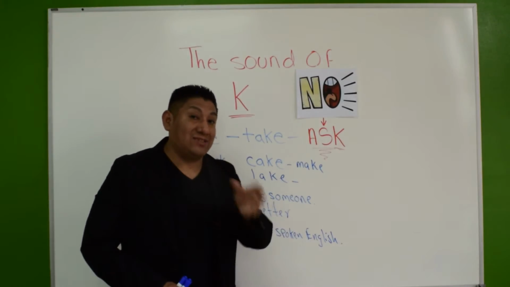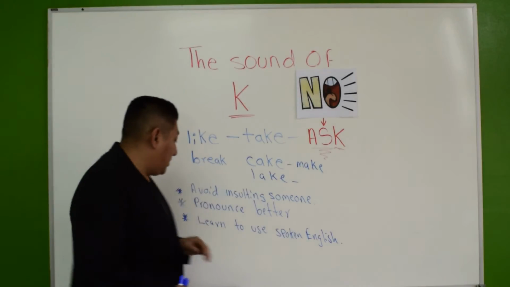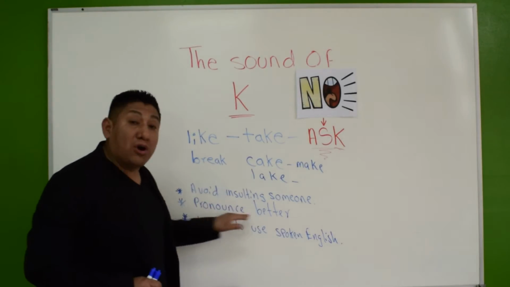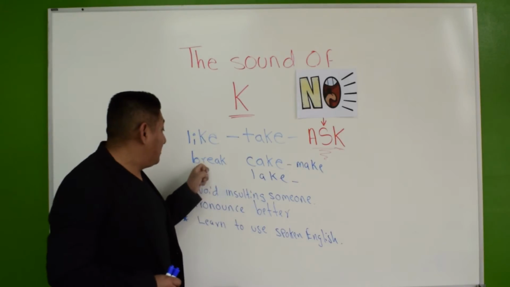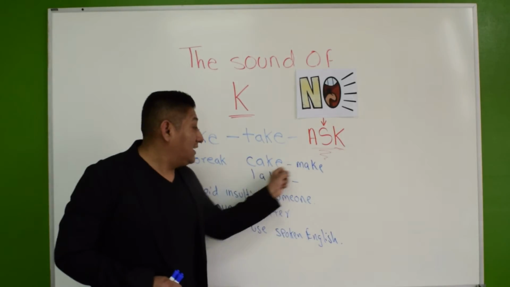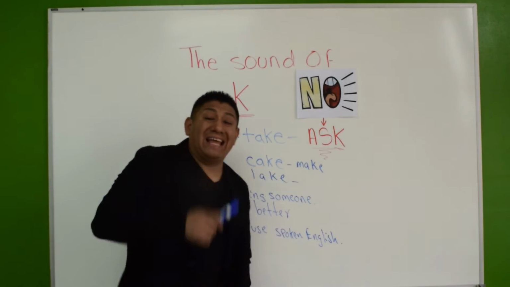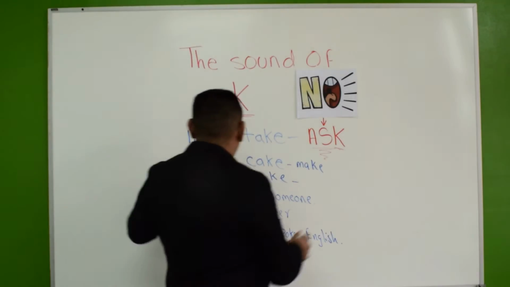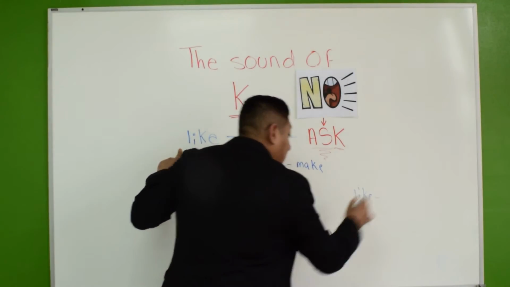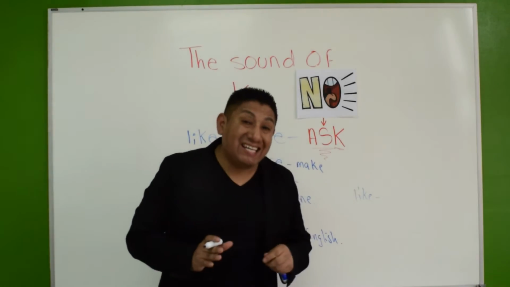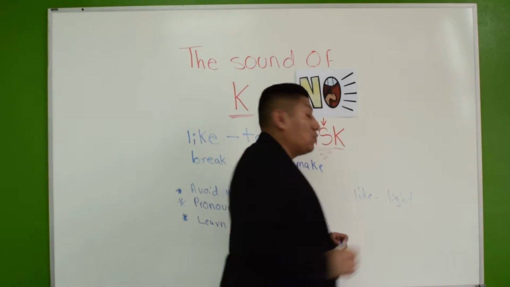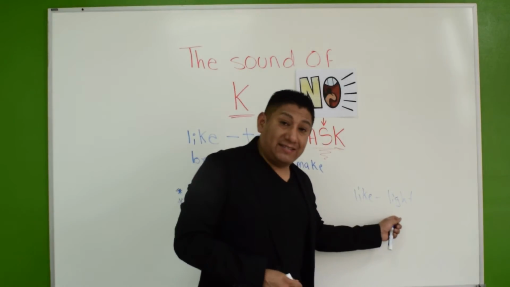We're learning how to pronounce this sound, correct? Okay. So by keeping that in mind, you will pronounce better. Like, break, take, cake, lake, make. Now, I would like you to be aware that, for example, let me take this word here. If we don't pronounce the K in like, we might be pronouncing late.